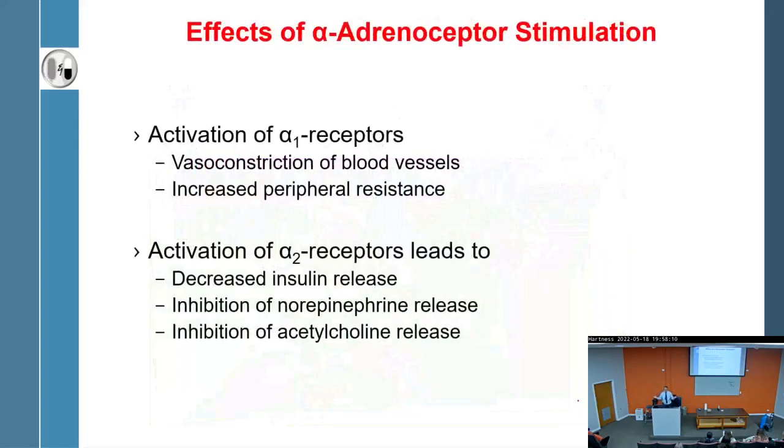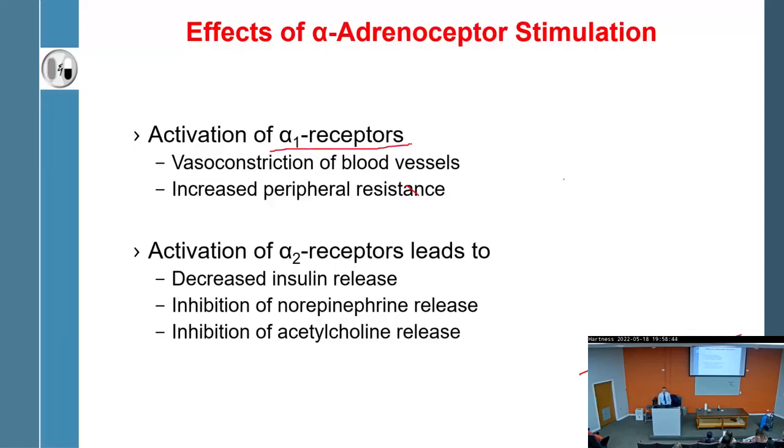Okay, so what happens when these receptors get stimulated? I mentioned that they have different expression, so they are not present in every organ, but they are present in many organs. We'll talk about some specific things that have more to do with the drugs that are used to control the receptors. For example, at the level of the vascular system, let's say alpha-1 receptors get activated, there's an epinephrine or norepinephrine release.